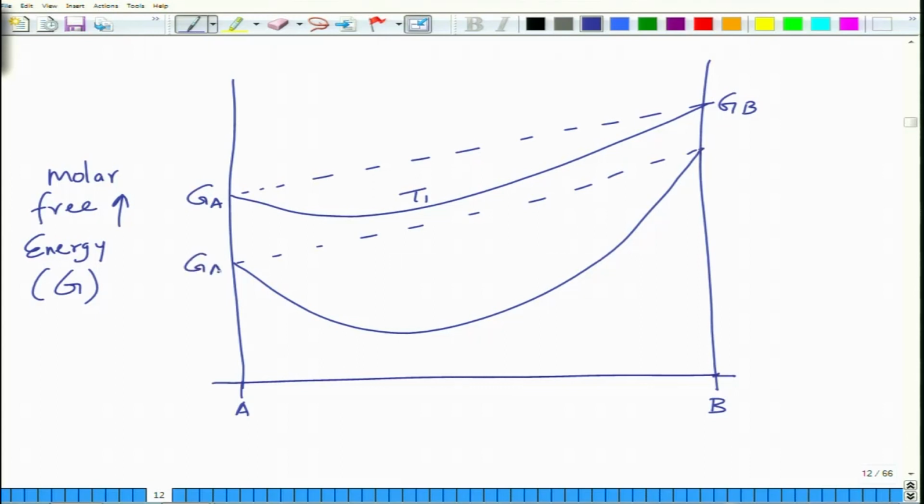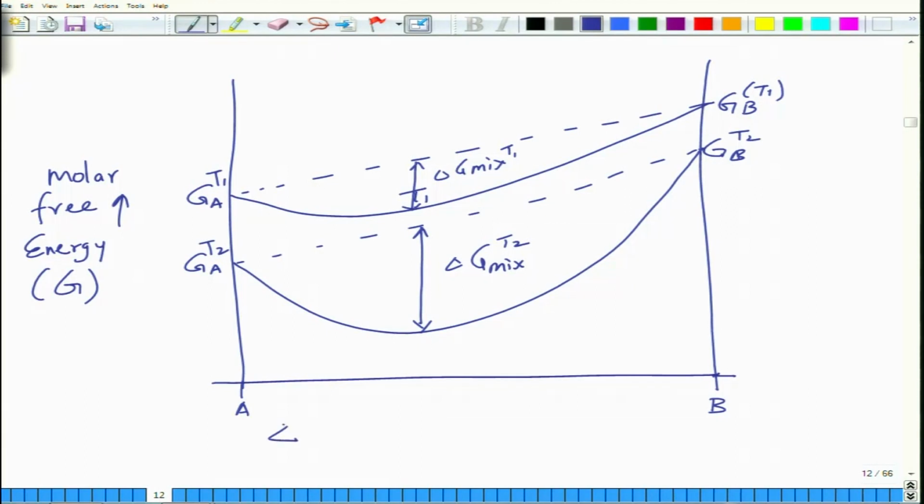now the free energy of course has decreased. So, this is at T1, this is at T2, and this will now be the free energy of the solution. So, you can see that this is delta G mix at T1, this is delta G mix at T2, which is higher.